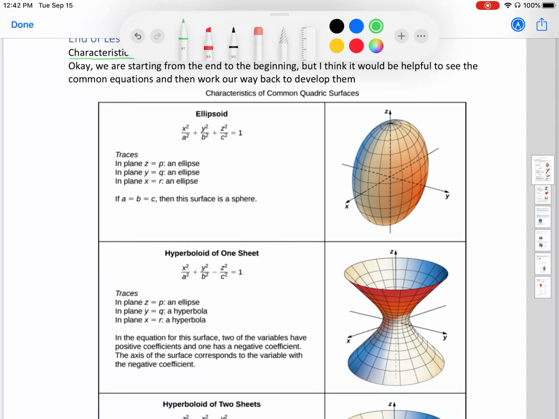So with this chart, and the next chart as well, just take a moment to analyze, maybe make notes about the equations and what equation matches with what picture.